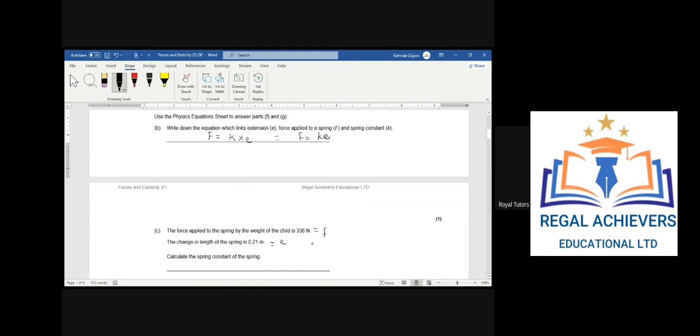The formula is F equals k e. Since you are looking for the constant, the constant equals force over extension. Your force is already given as 336 over the extension, which is 0.21. And that will give you 1,600 Newton per meter. All right, let's move on.